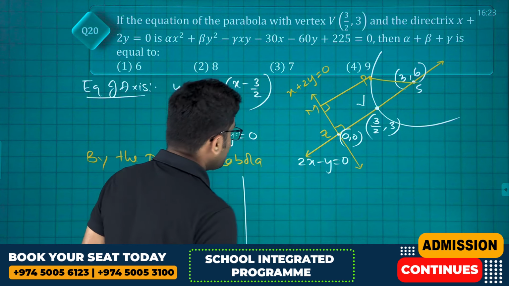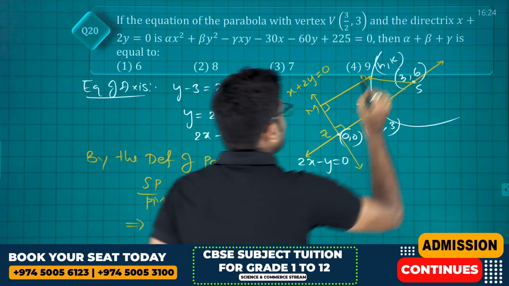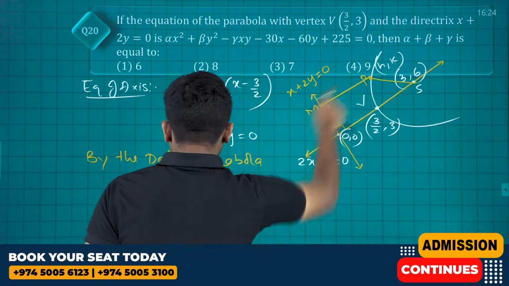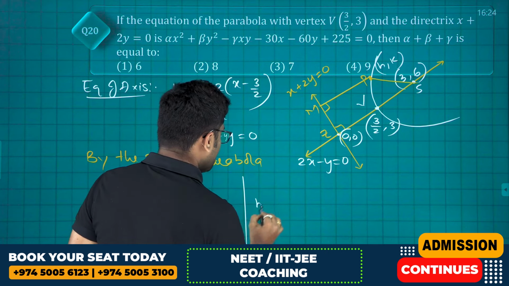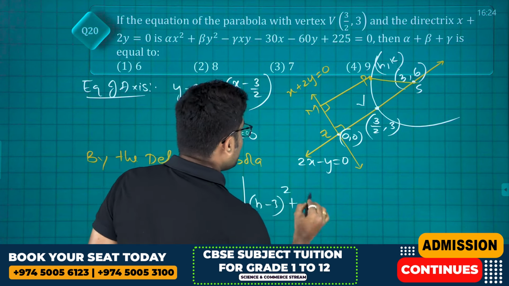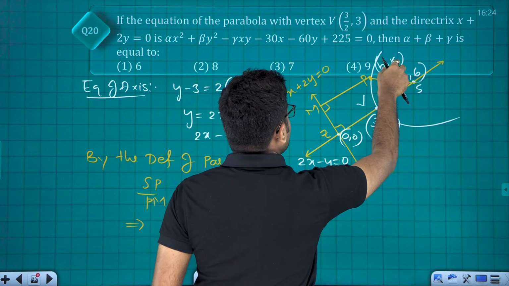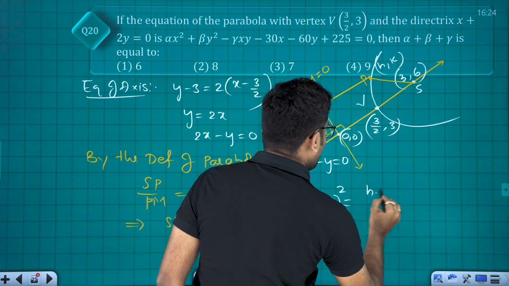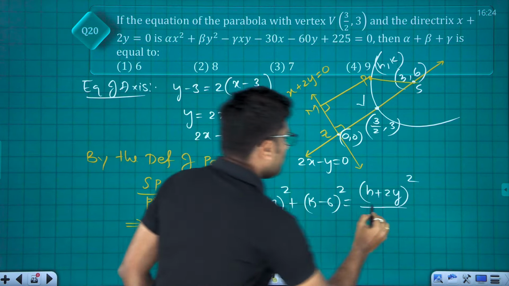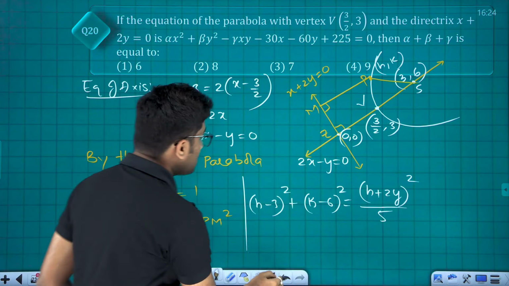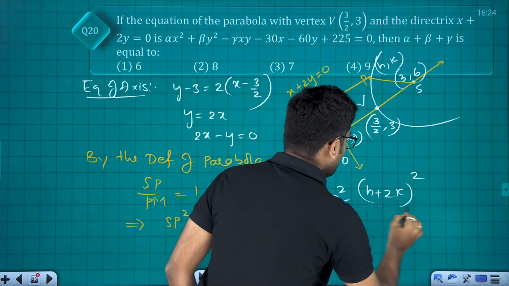Let's say point (h, k). SP square is nothing but (h minus 3) whole square plus (k minus 6) whole square is equal to PM square. PM is the perpendicular distance, that is (h plus 2k) whole square divided by root 5 whole square, which is 5, friends. So now (h plus 2k) whole square divided by 5.